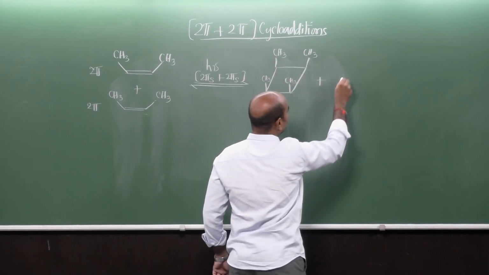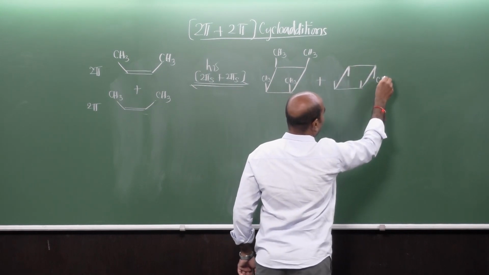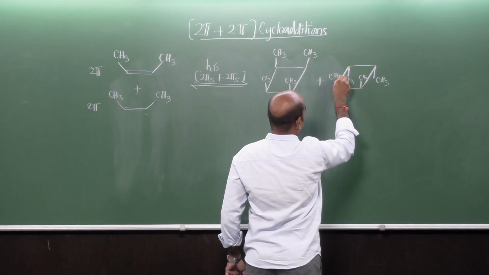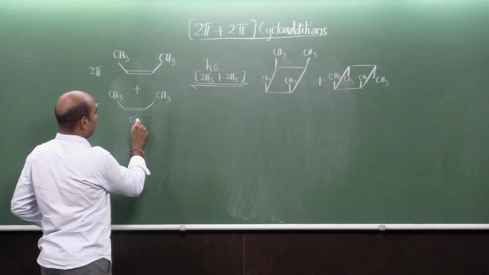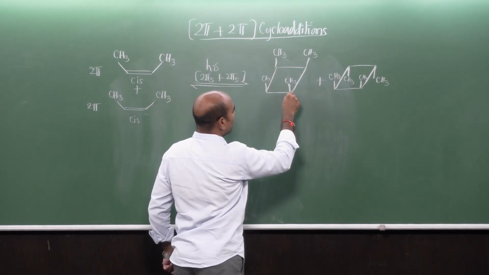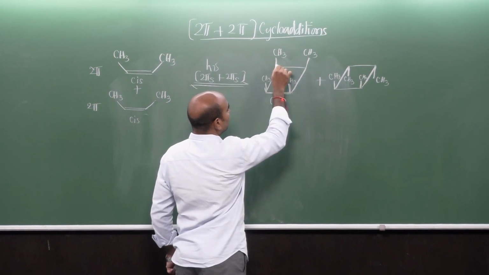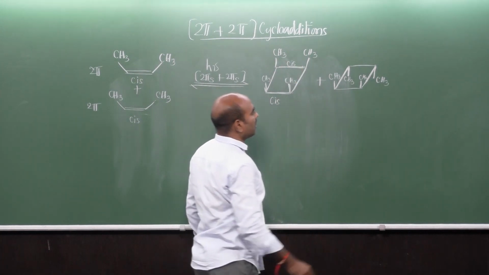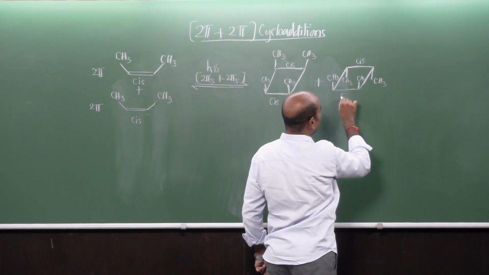In the first partner, this is a cis molecule and this is also cis. As it is a supra partner, the stereochemistry is retained. So this is still cis, and here also the stereochemistry is retained.